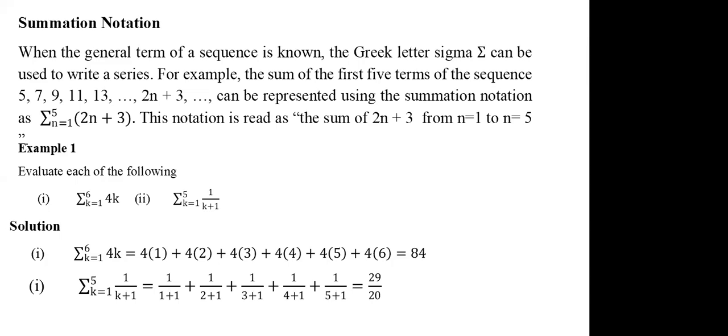At the end of the day, I have 30 plus 20 is 50, plus 15 is 65, plus 22, that is 87 over 60. 3 in 87 is 29, and 3 in 60 is 20. That is why we have the answer 29 over 20. Do you understand it?